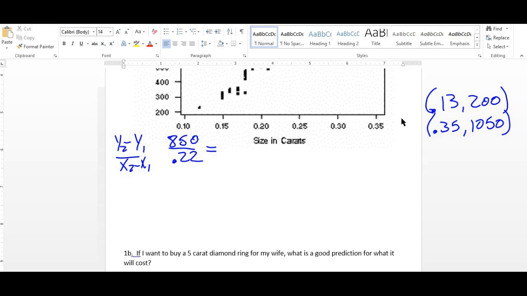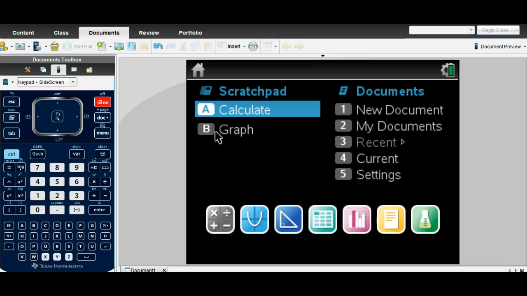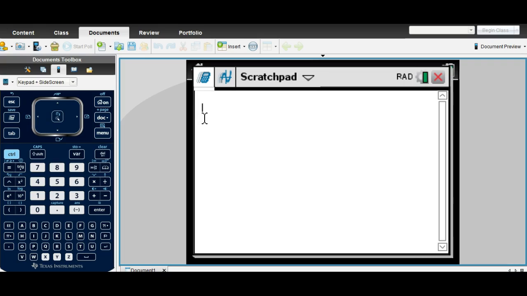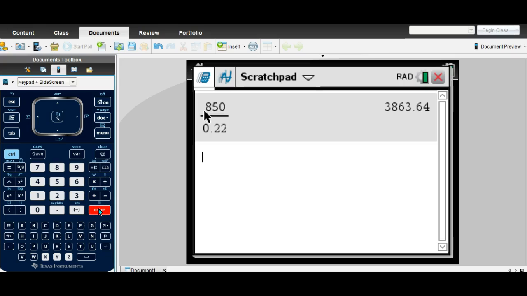And then if we reduce that, we're talking about money here, so a decimal would be good. 850 divided by 0.22, let's go scratch pad, will give us $3,864 per carat of diamonds.